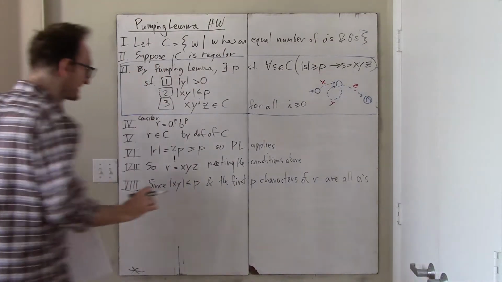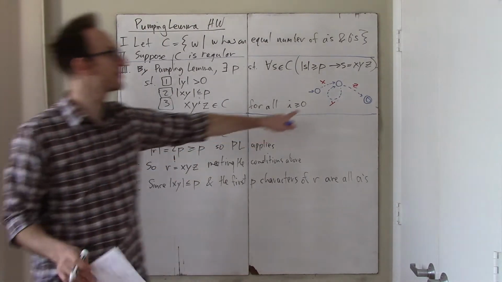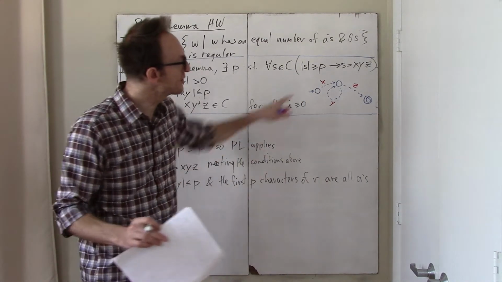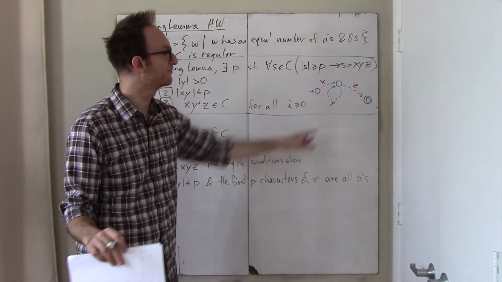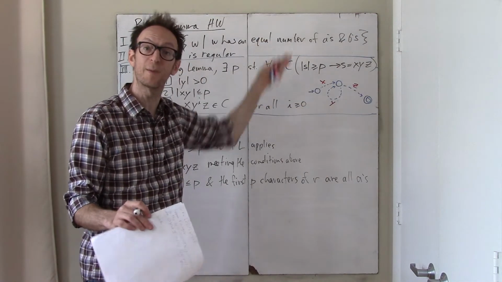So what's going on here on a deep level is that I know I have to already loop before I hit the pumping length P.